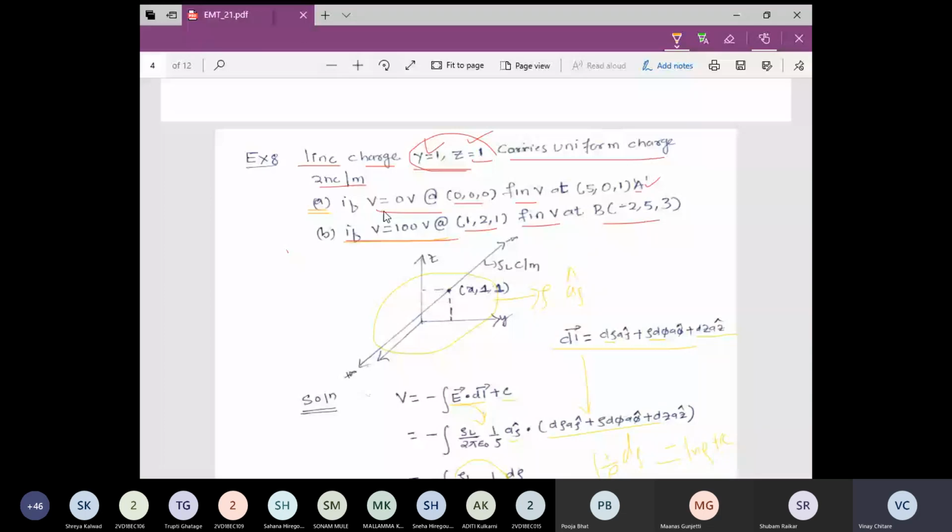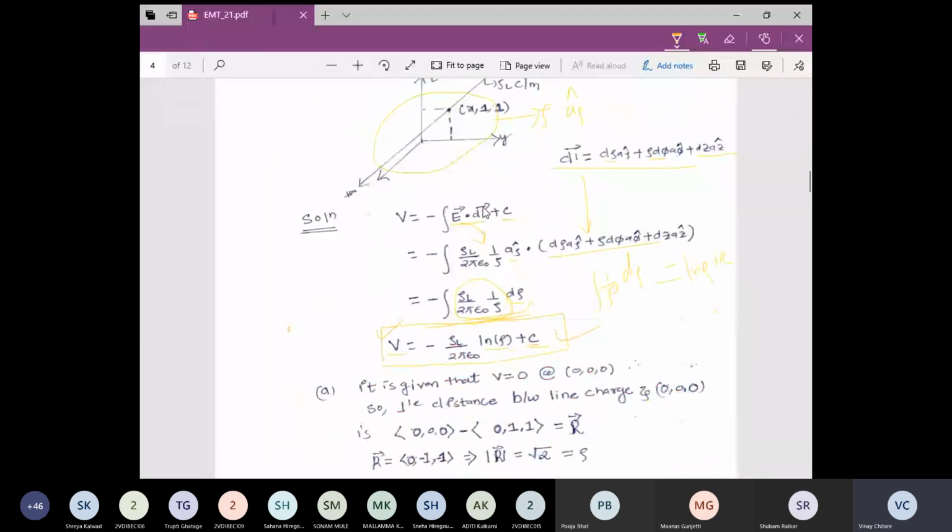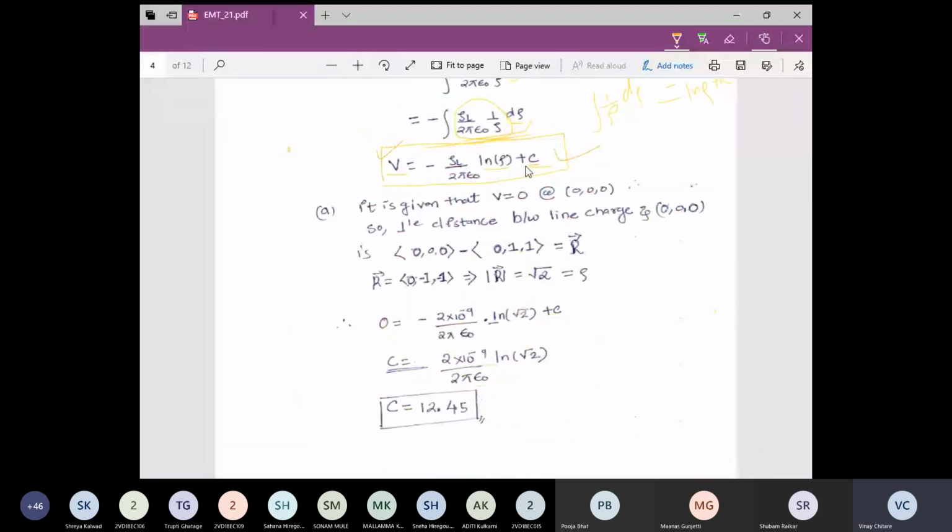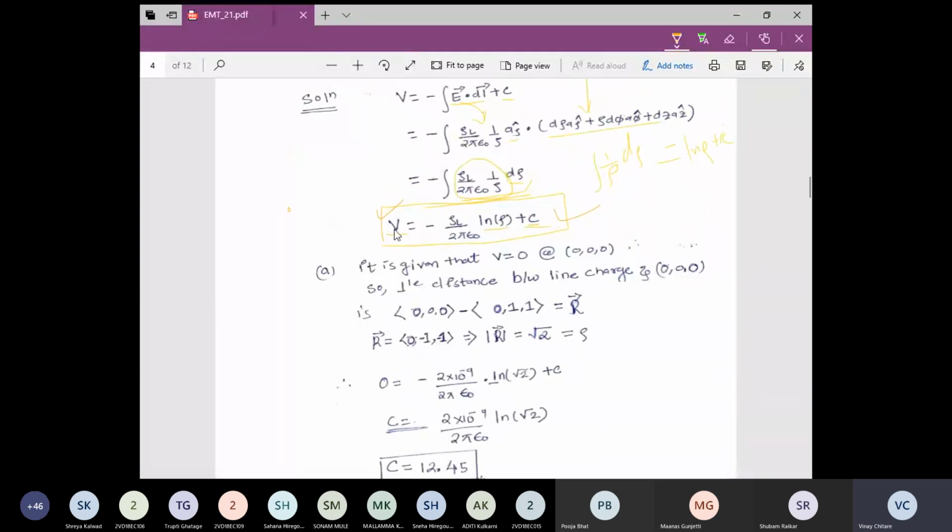This information is useful to find c because we know the potential. To find c I should compute rho. We know rho from the electric field: it is the perpendicular distance from the line charge to a given point. The given point, or field point, is the origin.